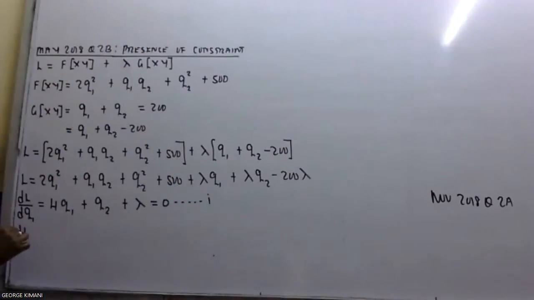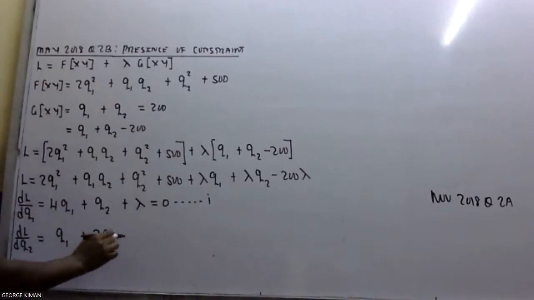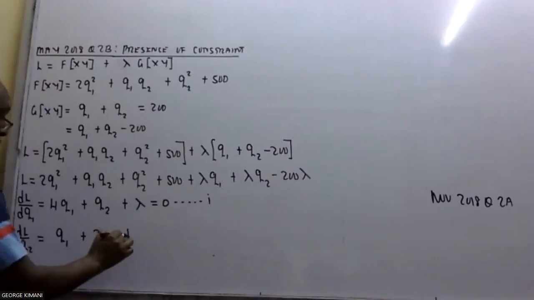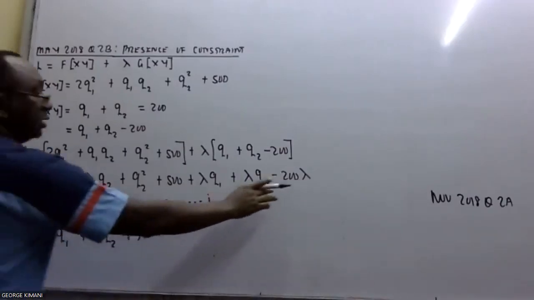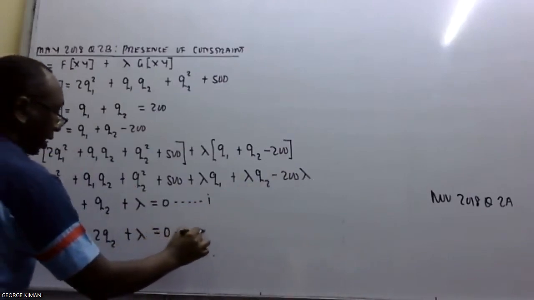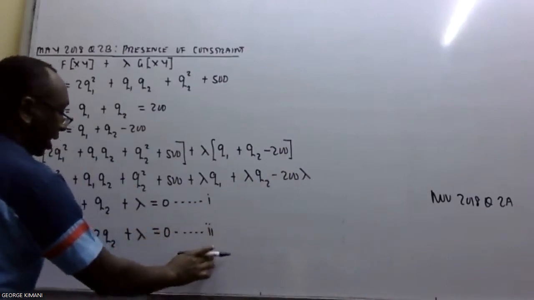Then you proceed and take the differential of L with respect to Q2. Now this one does not have Q2, but this one has, so we are left with Q1. This one becomes 2Q2. Here there is none, but here we have lambda, so it becomes plus lambda. This one we don't have Q2, so this is 0. And you call it equation number 2.